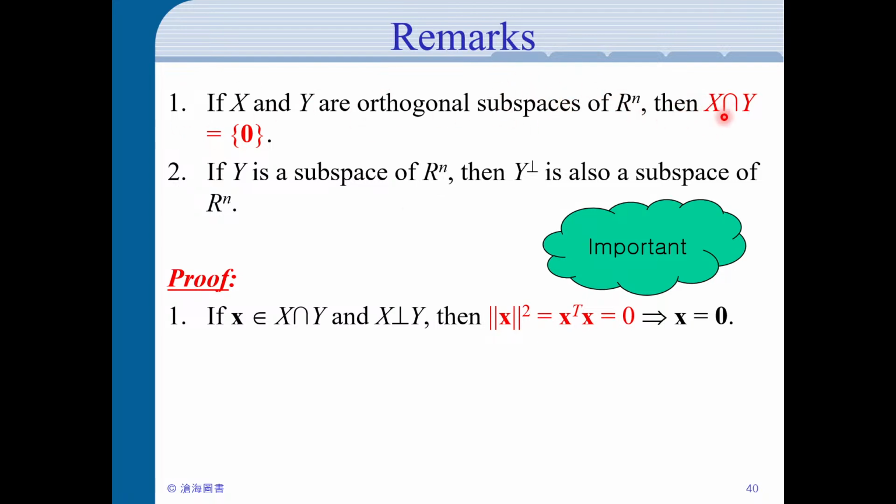If X, Y are orthogonal subspaces, then X intersection with Y equals 0.